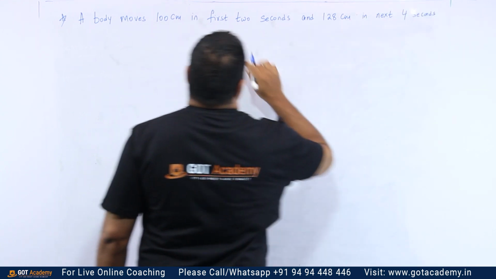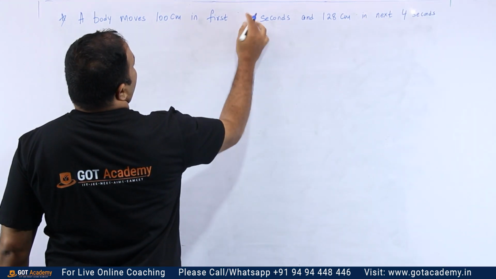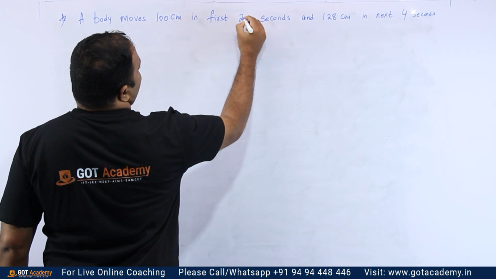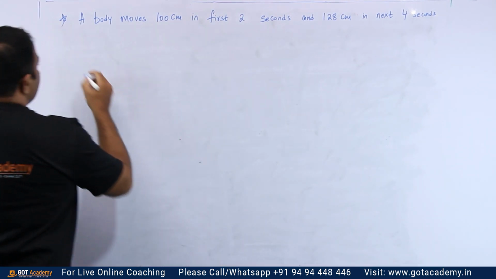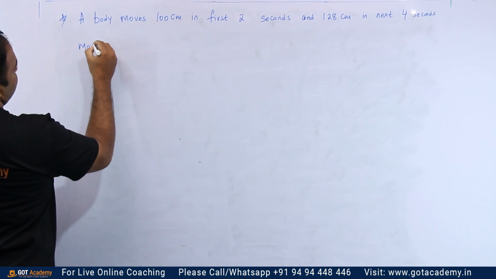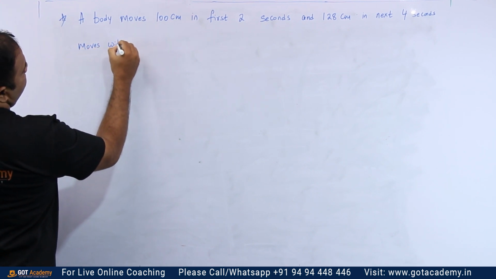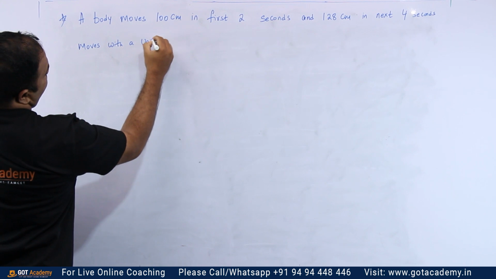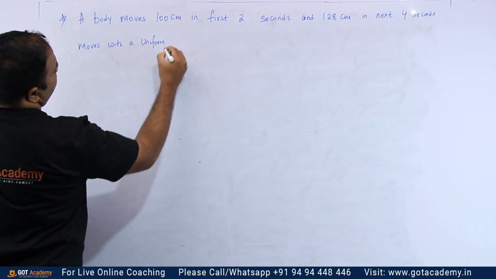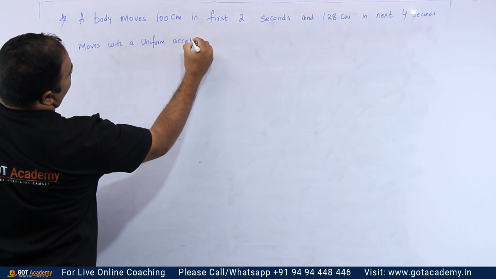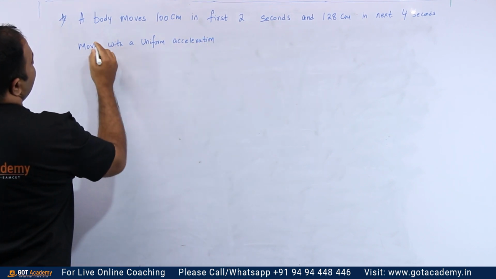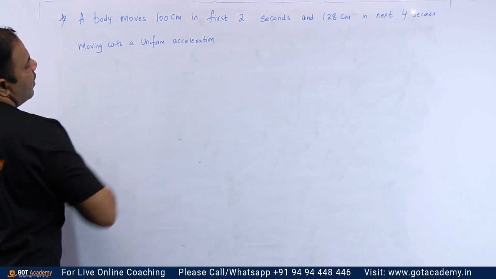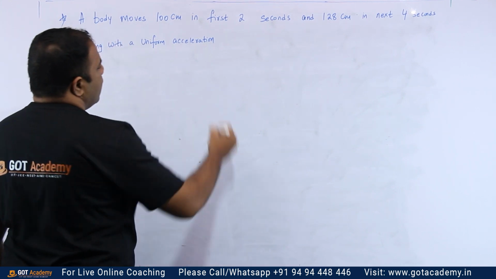This is the given data. So it covers 100 centimeters in the first 2 seconds and 128 centimeters in the next 4 seconds, moving with a uniform acceleration. Okay, we can say moving with a uniform acceleration.